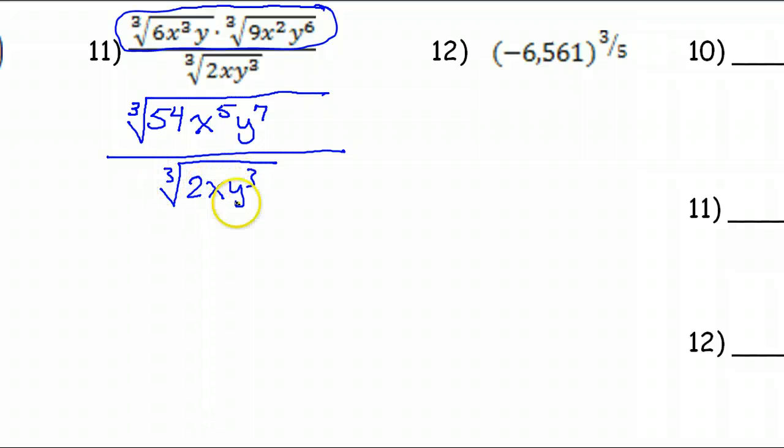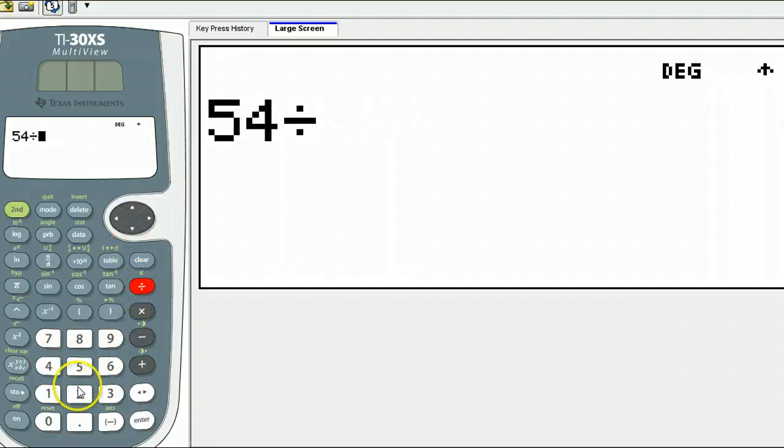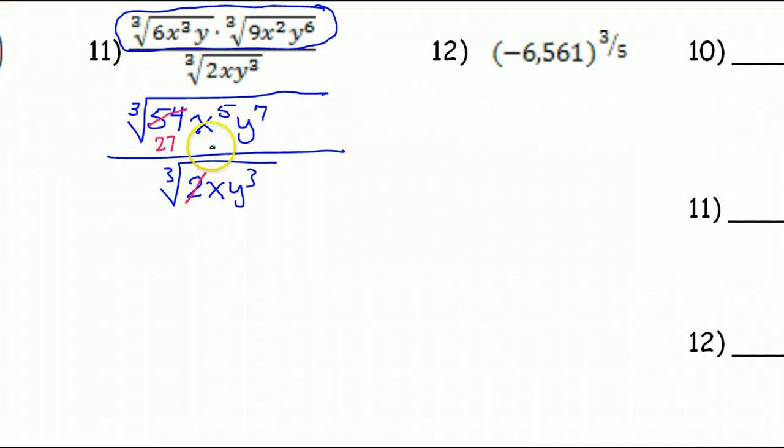Now notice the smaller things are in the bottom this time. So because the roots are the same, I'm going to go ahead and divide these things. But this time the remaining things will be in the top, not in the bottom, not in the denominator. So anyway, check it out. 2 goes into 54 27 times. Okay, I'm just saying that 54 divided by 2 is 27. So that's going to become 27.